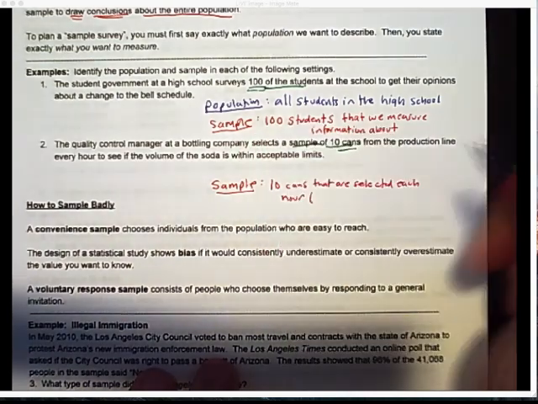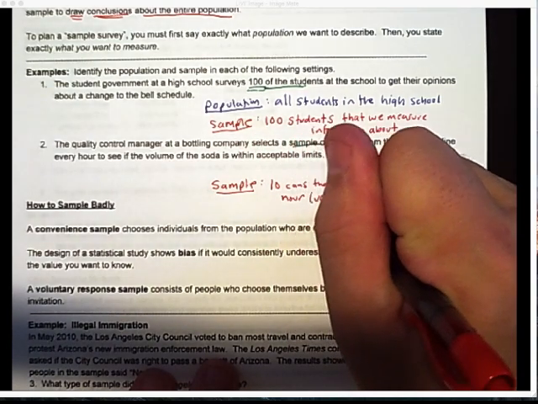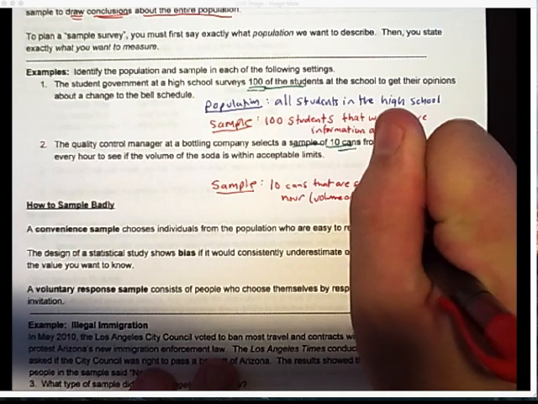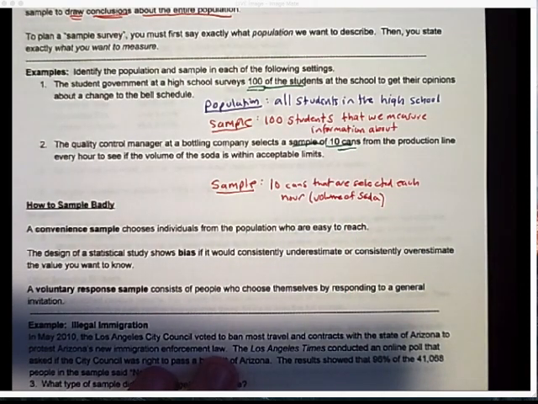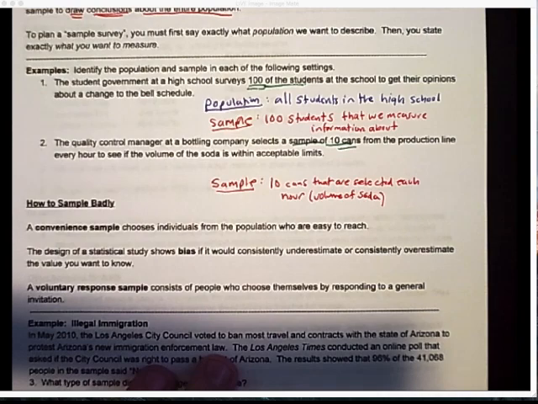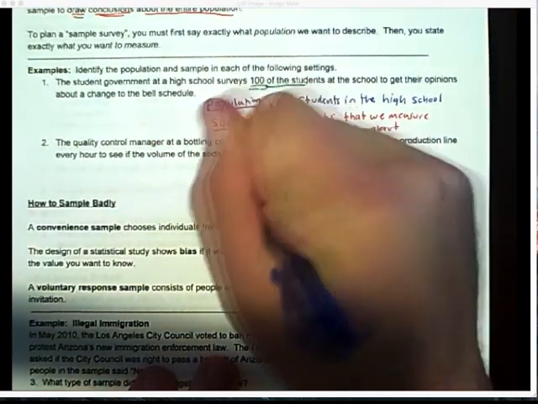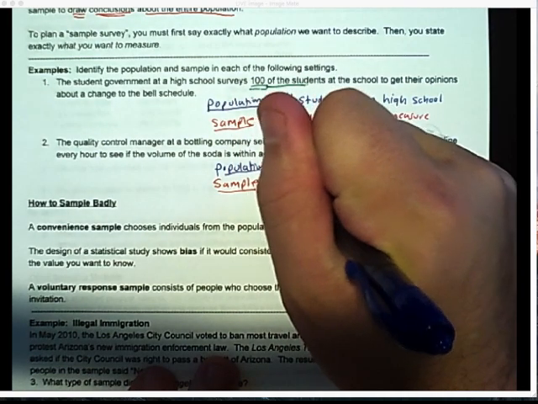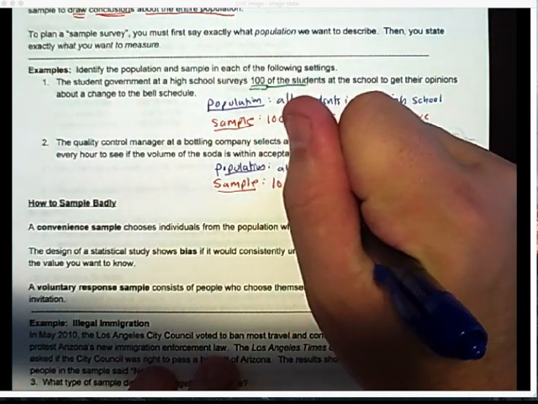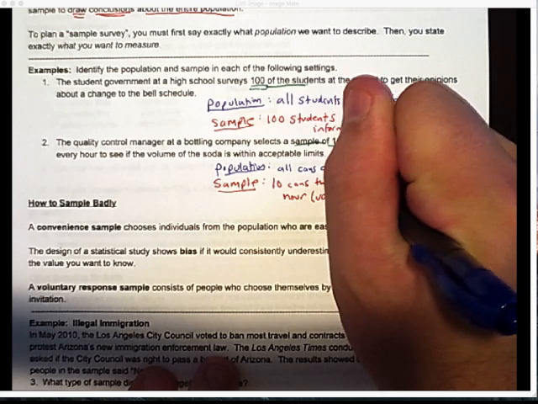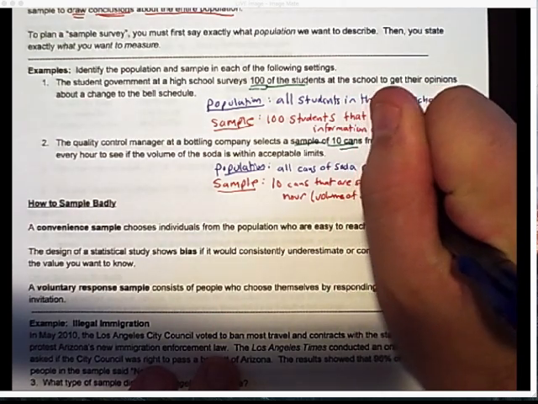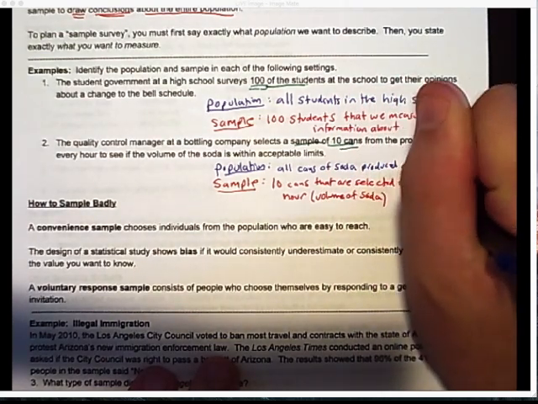And what's being measured? The volume of soda. Okay, that's what's being measured. And what do those 10 cans give us information about? Well, it gives us information about the population of all cans of soda produced at the bottling company.